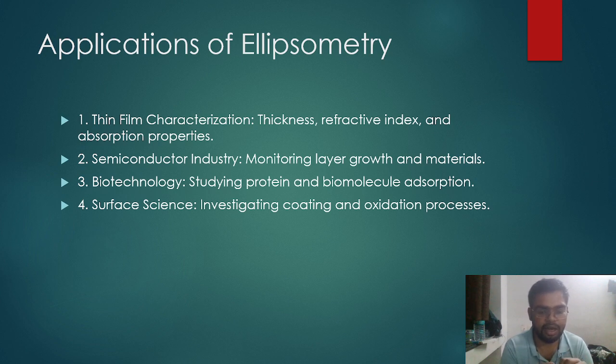They are also used in biotechnology, studying protein and biomolecular adsorption, and surface science, investigating coating and oxidation processes. So from here we can observe that ellipsometry is always used for nano level particles, very small particles. It is not even used for micro level particles.